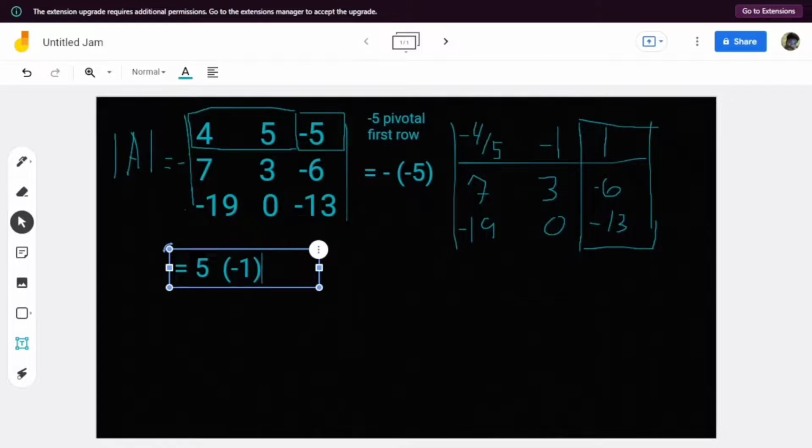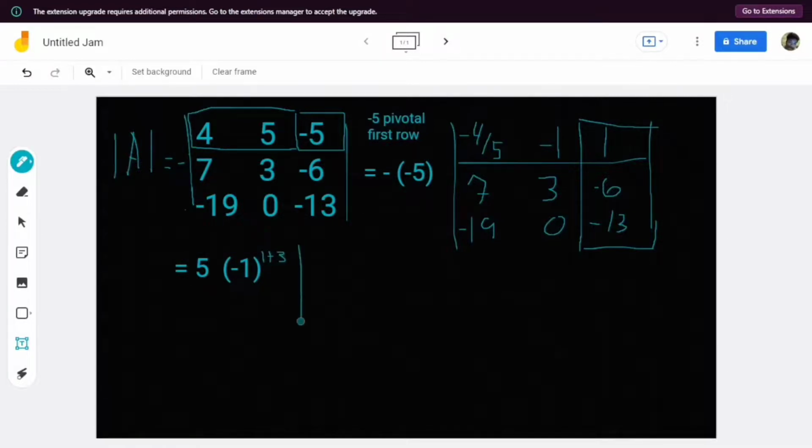First row, third column, so that would be 1 plus 3. And now we're going to multiply it by a 2 by 2 determinant, which has the first column negative 7, negative 19, and the second column 3 and 0. We are going to subtract the elements intersecting this remaining element, so we'll start with negative 7. We'll do row by column so you guys won't be confused.